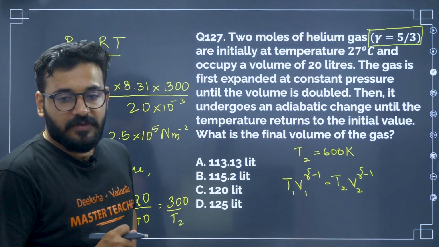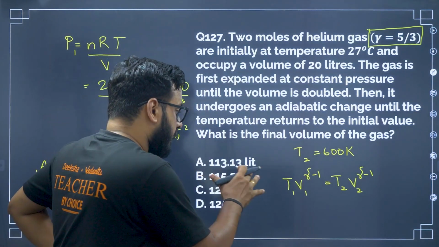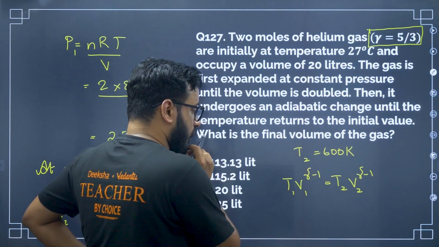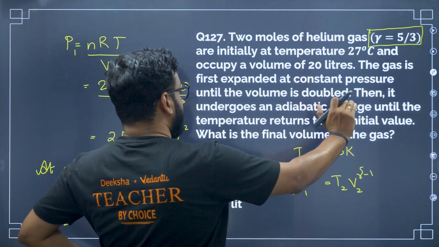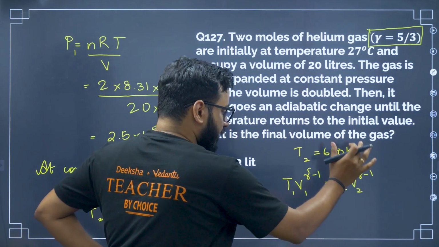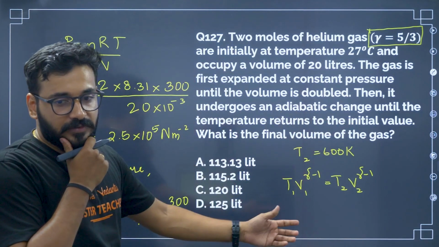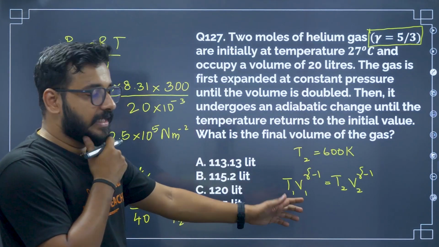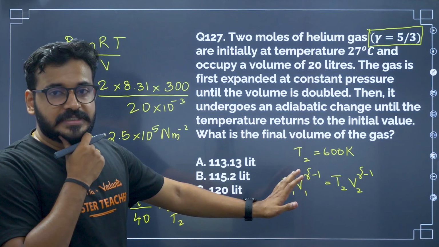So we have to find V2. V1 we know, and T1 and T2 also we know.